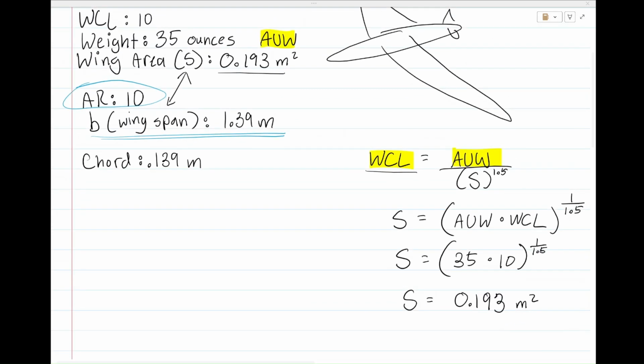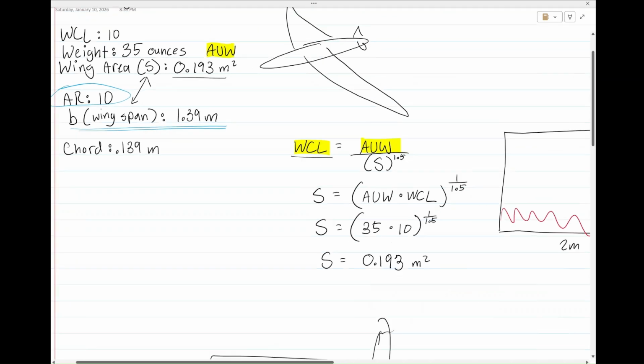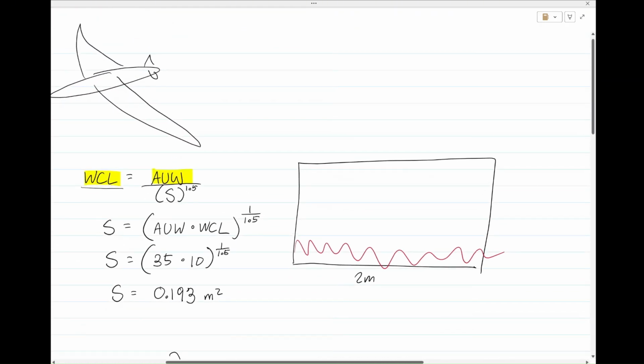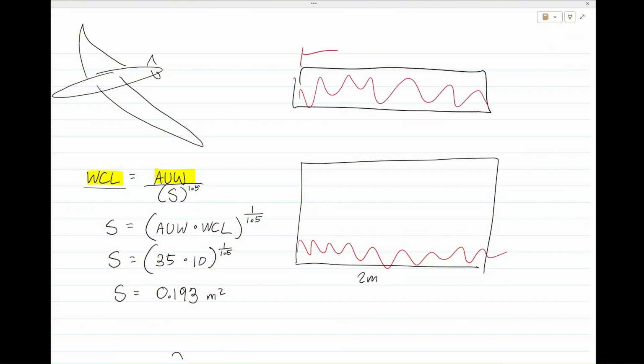So let's get back to it. Tail sizing. So let's imagine our wing, right? This is kind of obvious, but if we look at our wing from above, we went ahead and got our wing area, we got our wingspan, right? We got b, we got S, and we got c, which is our chord.